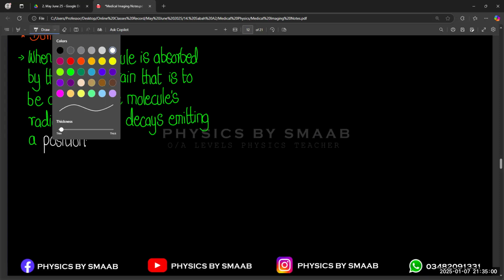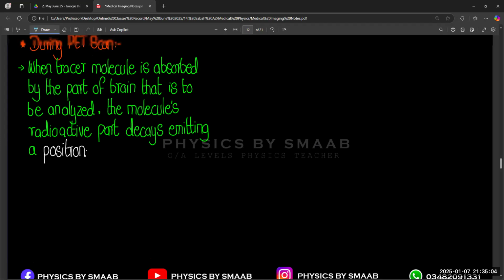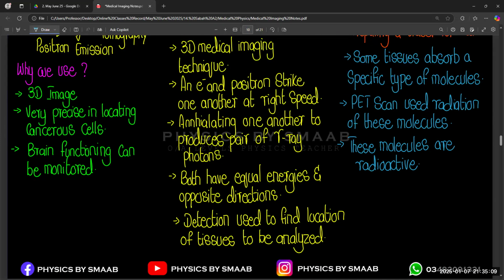And secondly, this positron collides with an electron, just like we discussed in the start, where the electron and positron strike one another at high speed.